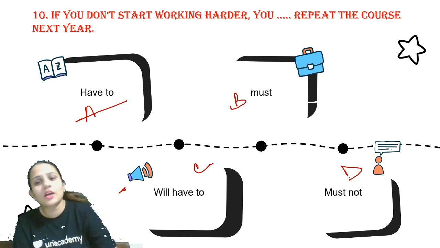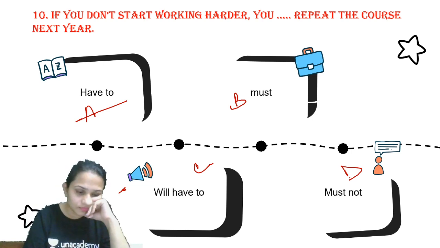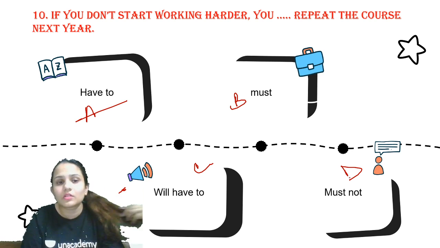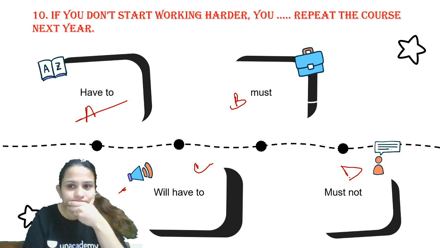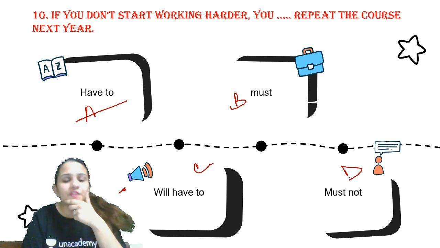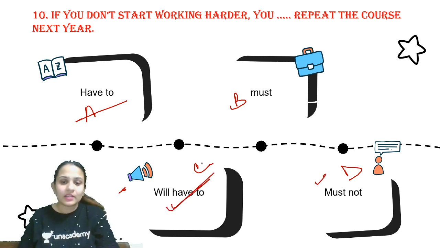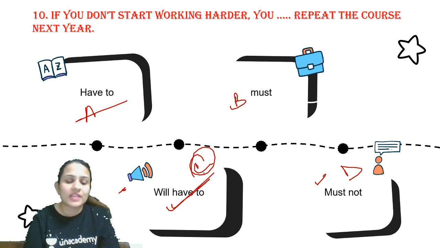If you don't start working harder, you dash repeat the course next year. We're talking about future. If you don't start working harder, you will have to repeat the course next year.